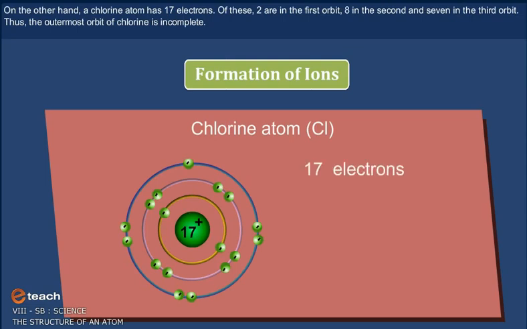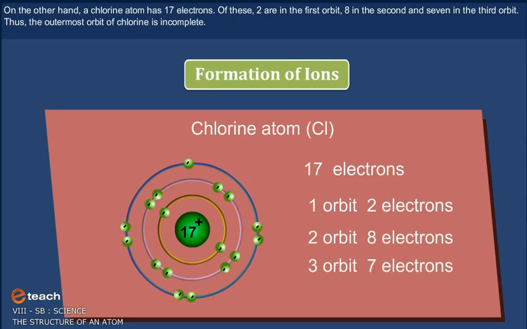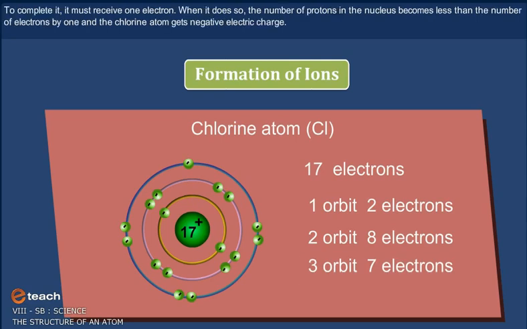On the other hand, a chlorine atom has 17 electrons. Of these, 2 are in the first orbit, 8 in the second, and 7 in the third orbit. Thus, the outermost orbit of chlorine is incomplete. To complete it, it must receive 1 electron.